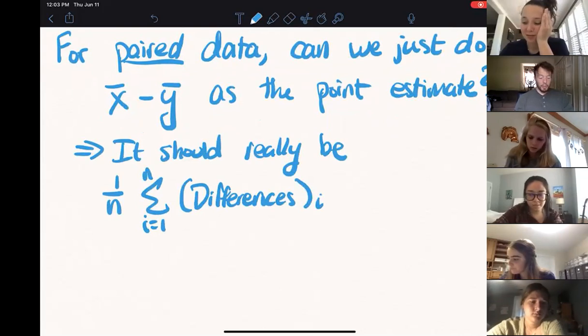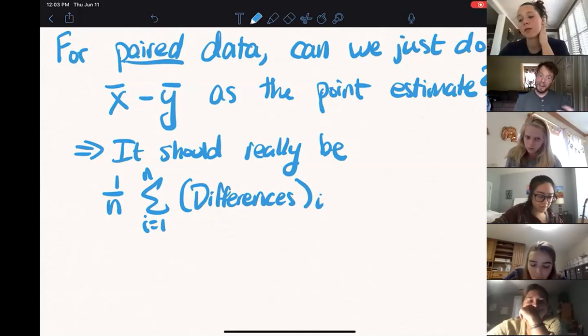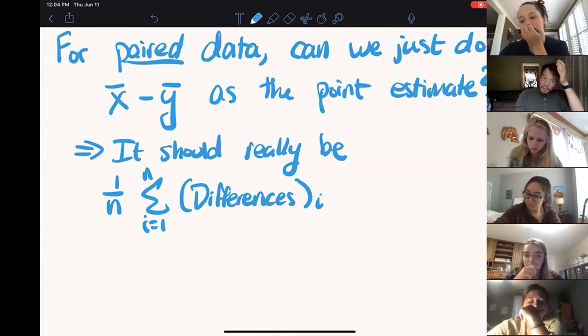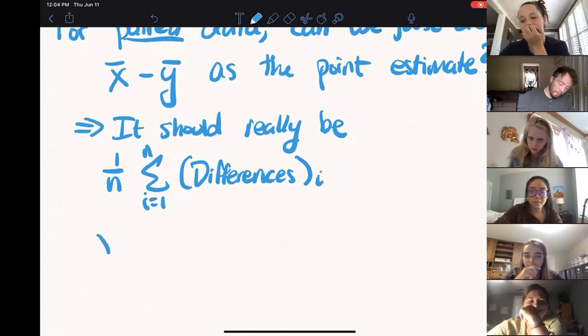And indeed, you do this to get the x bar, and when you eventually calculate standard error, you're going to take all these differences and calculate the sample standard deviation of the differences, then divide by root n to get your standard error. When it's paired data, you should really be doing this problem entirely with this new variable that you're creating, which is the variable of all of the differences. Now, that being said, note something.